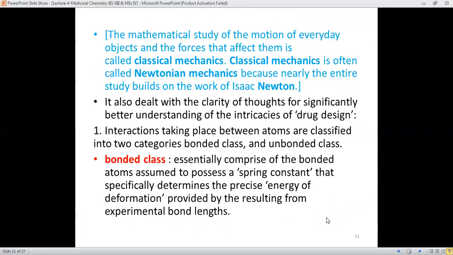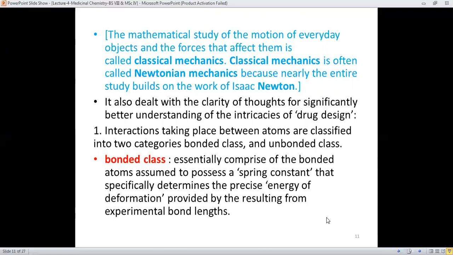And what is Newton mechanics? It's the classical mechanics. It's the mathematical study of the motion of every object, and every object in this case is the atom, the molecule, the electronic cloud, its nucleus, and the forces that affect them. And these forces may operate through the covalent bond, or through space.